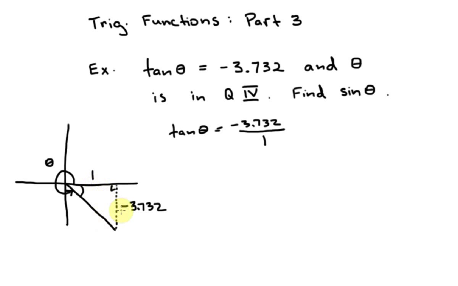Okay, well, I got two sides of my right triangle. I'm now going to go ahead and use Pythagoras' theorem. So I would go hypotenuse squared equals, and I don't have to worry about the negative here because it's going to get squared anyway. 3.732 squared plus 1 squared.